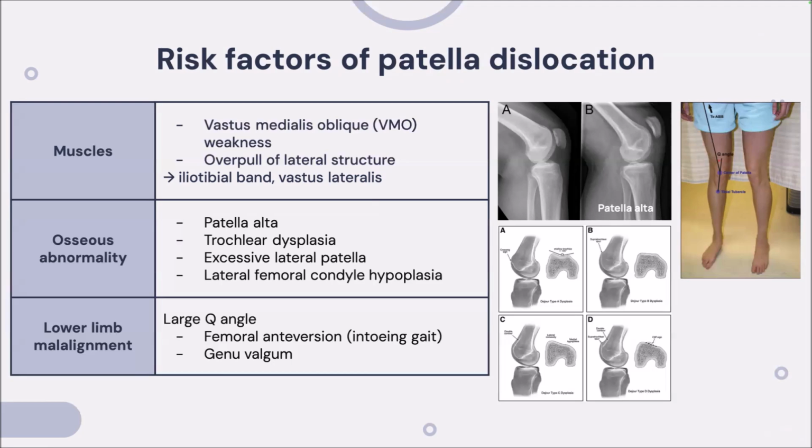That is congenital. Some patients have a very high risk of dislocation because they have the congenital abnormalities, mostly in women, that is girls. And the imbalance of the muscle, especially weakness of the VMO or overpull of the lateral side. Yeah. And also the alignment of the knee.